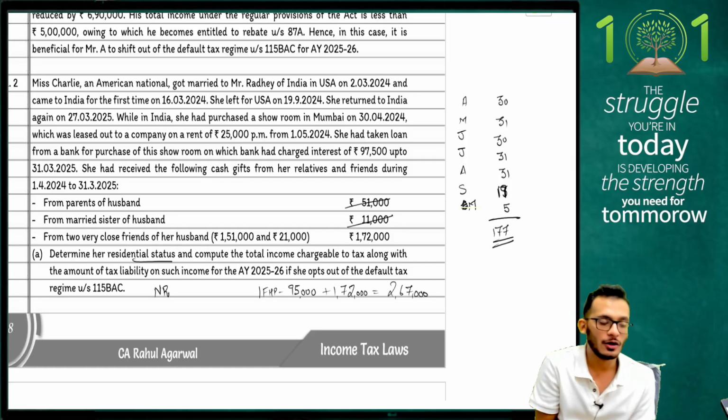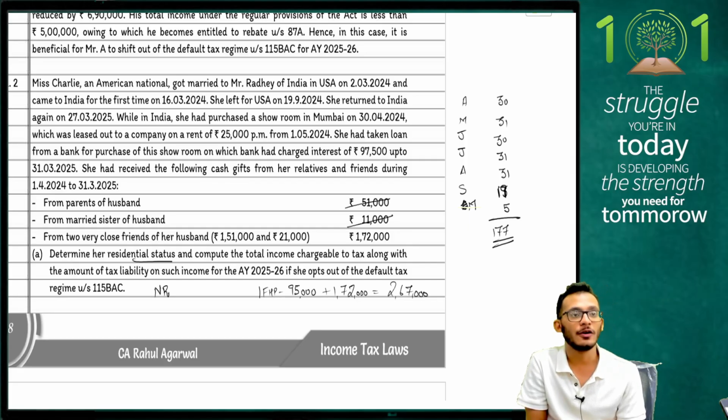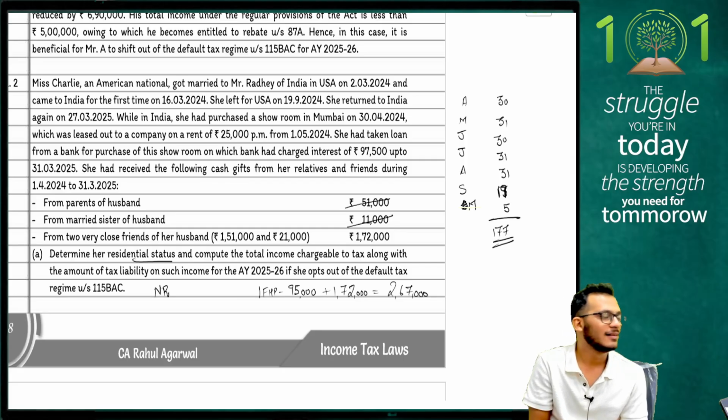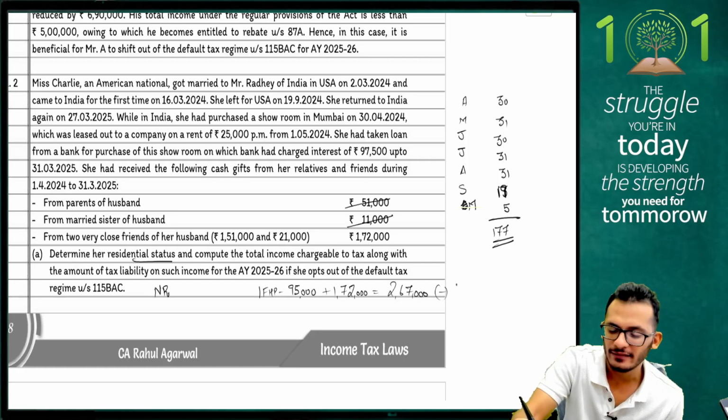Now question has asked for total income and tax liability. Tax liability will be what? Because slab incomes, person is less than 5 lakhs, total income becomes eligible for rebate. Correct? No, that is the trick here. This is a non-resident. No rebate for him, no rebate for her, which means in this 2,67,000 I will remove 2,50,000.